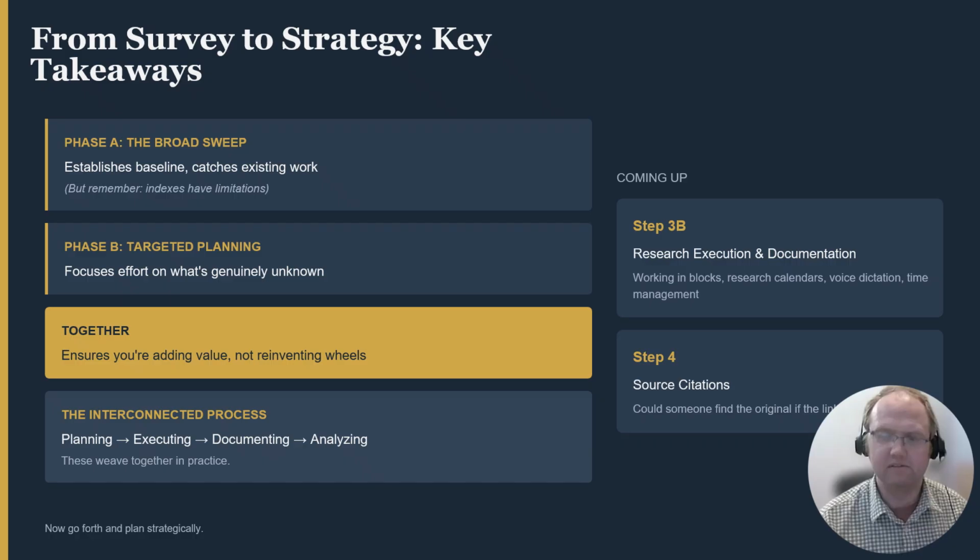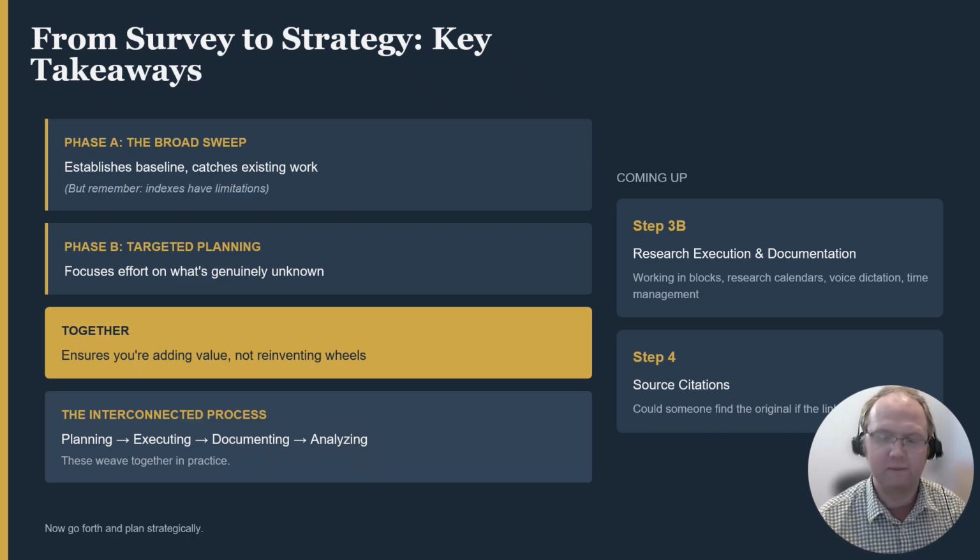Reality is messier than the sequential steps of a flow chart. Planning, executing, documenting, and analyzing weave together into a tapestry of excellent professional research. That interconnection is the feature. And thinking ahead enriches outputs.